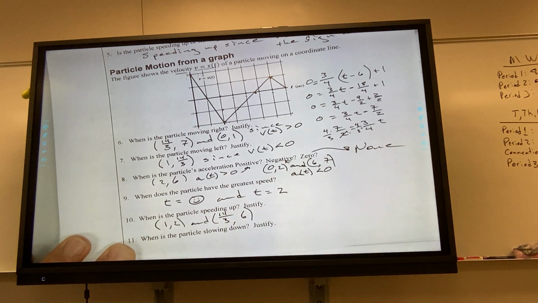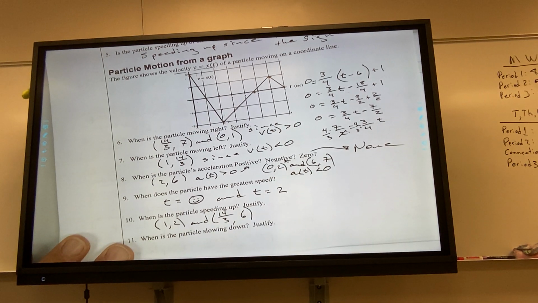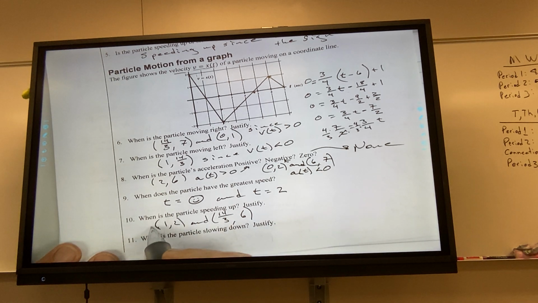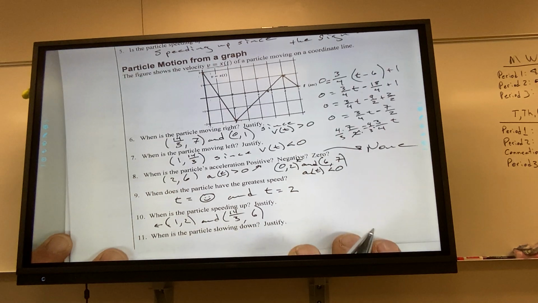Okay, now, you can't say because it's moving away from the graph, okay? Because you're going to get different graphs. You have to say it in terms of the velocity and the acceleration, okay? So with this one, what can you tell me about the velocity from 1 to 2?